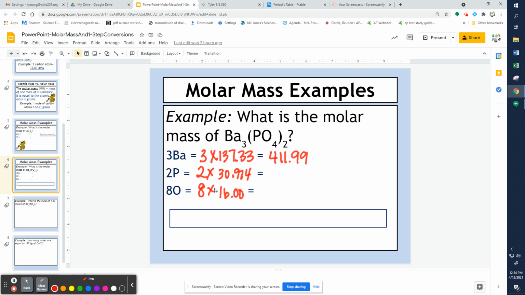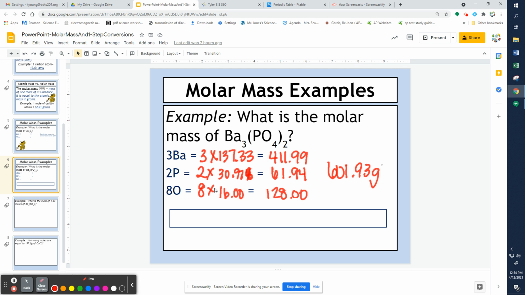Remember, this should only have 2 decimal places. And then our oxygen, and I'm going to, of course, add all those together. 601.93 grams.